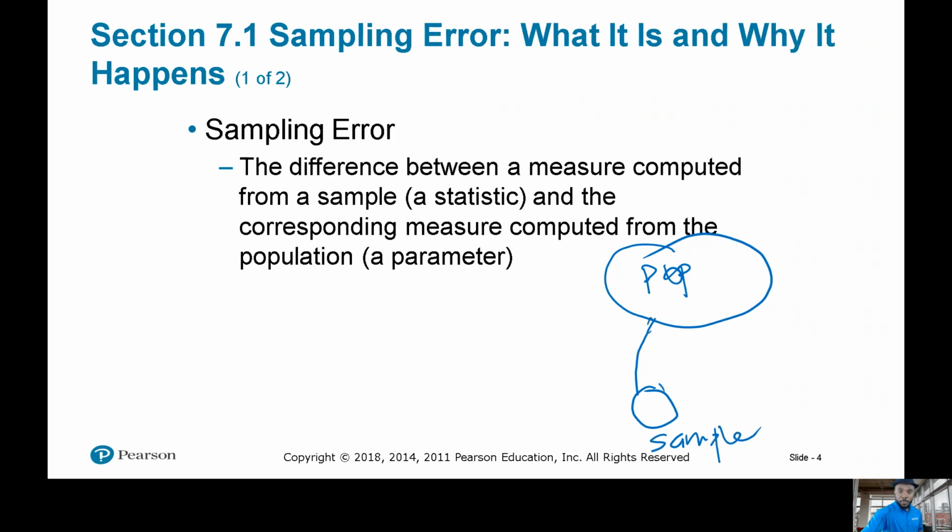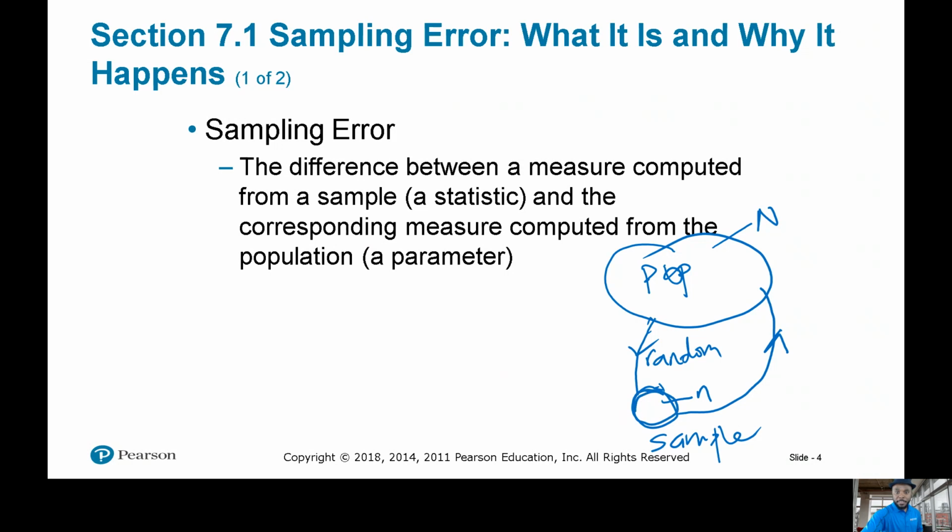Now, here we draw the sample, and let's say we drew the sample randomly. So random sample. Now, our population parameters, we have the population size, which is big N, and our sample size, which is small n. The goal of this chapter is to estimate our population from our sample.